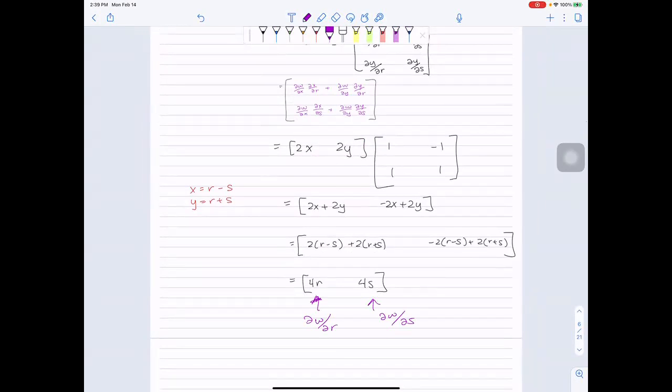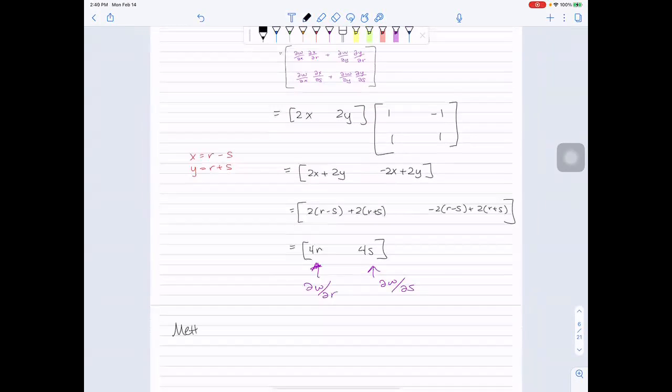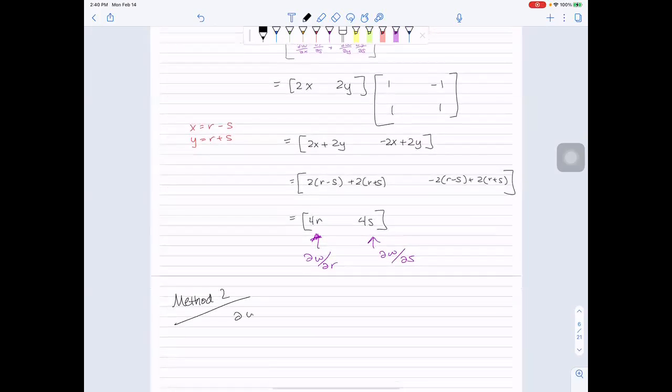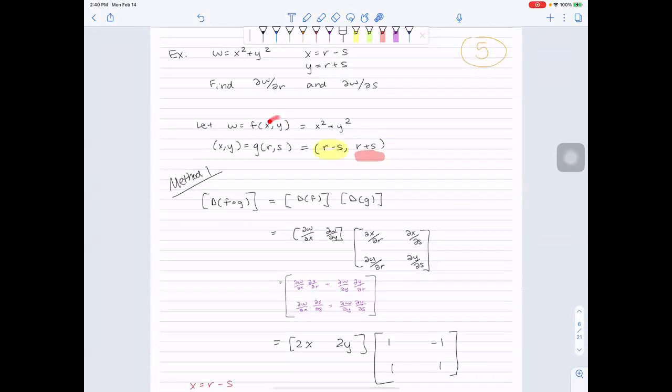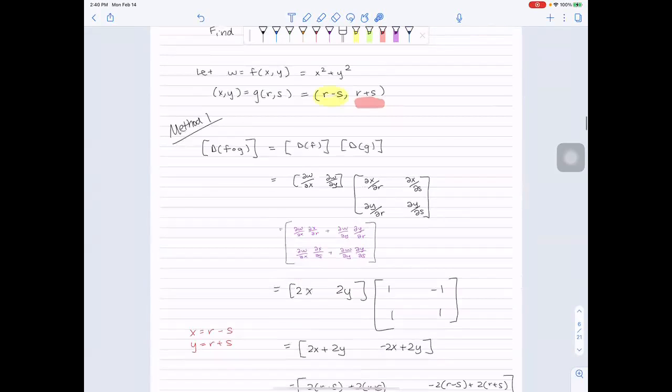But you could have done it a second way, method 2, by using the classical chain rule, which says that the partial with respect to r will be, what are the different inputs of w, x and y? So we need to take those two inputs into consideration.